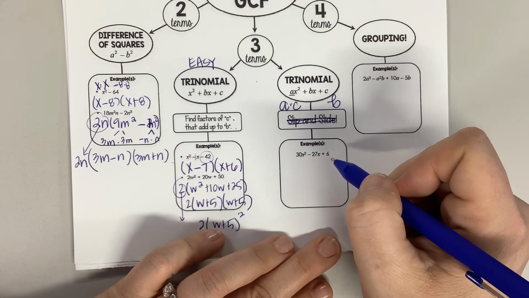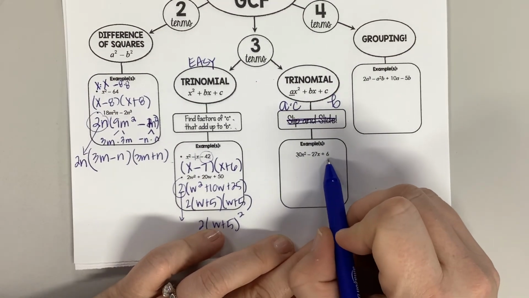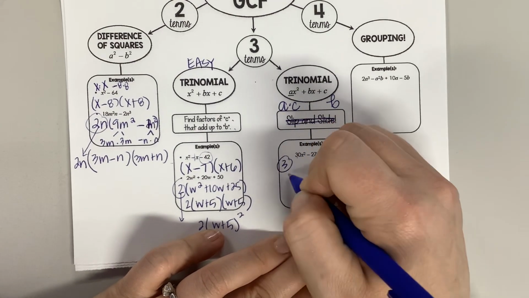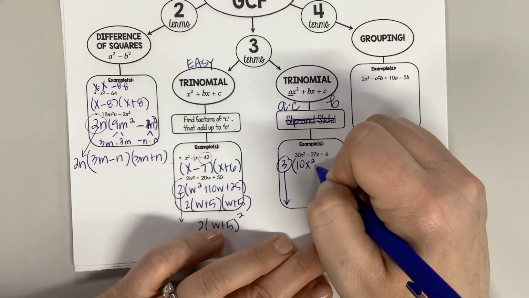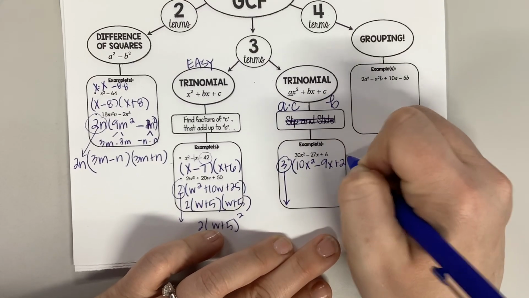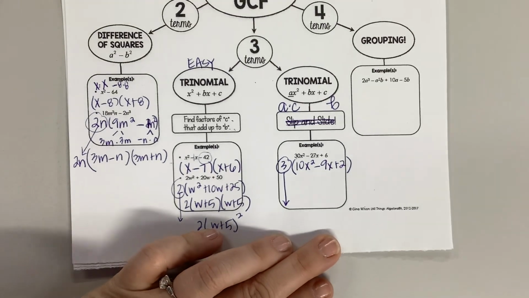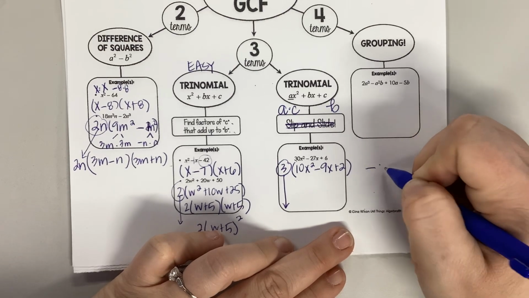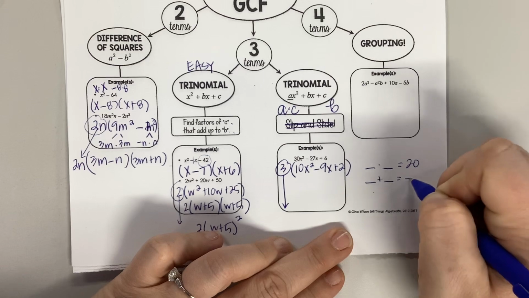So this one, you can say 30 times 6. That's gigantor. There's a GCF of 3, because the first step. 10x squared minus 9x plus 2. So I'm looking for blank times blank equals 20, but blank plus blank equals negative 9.